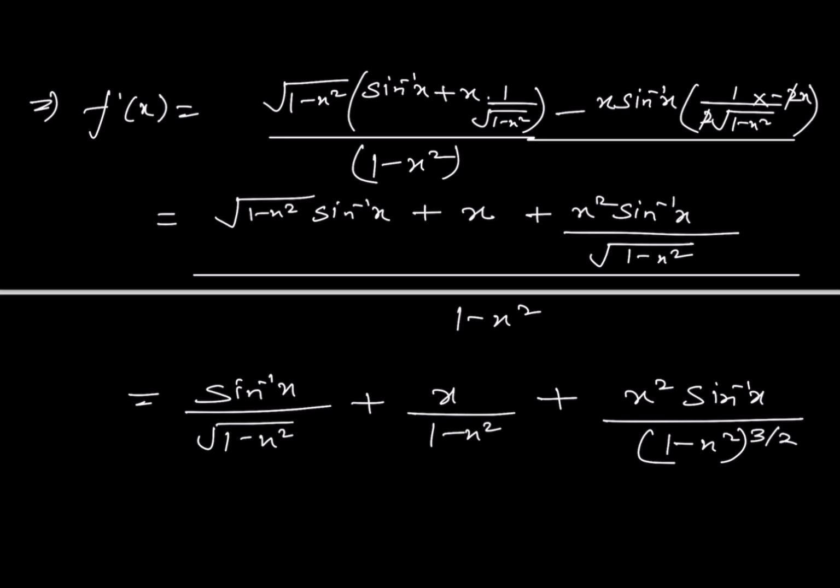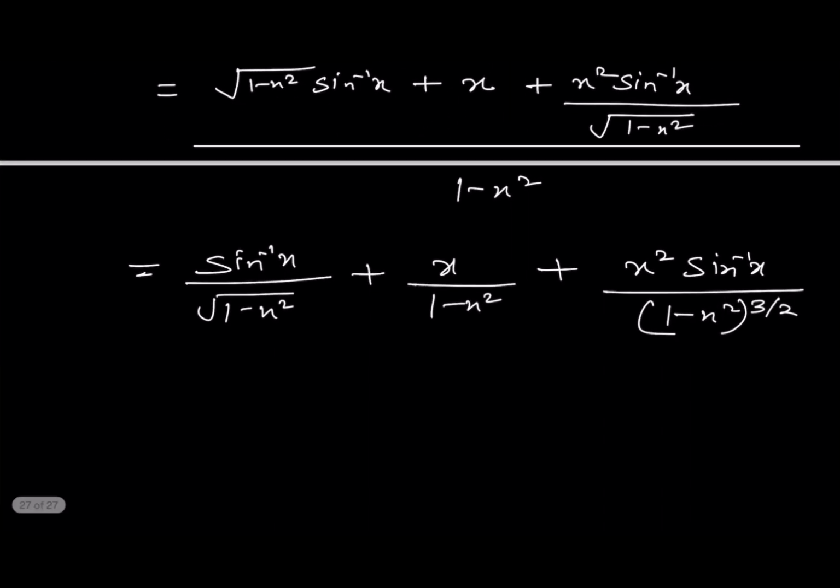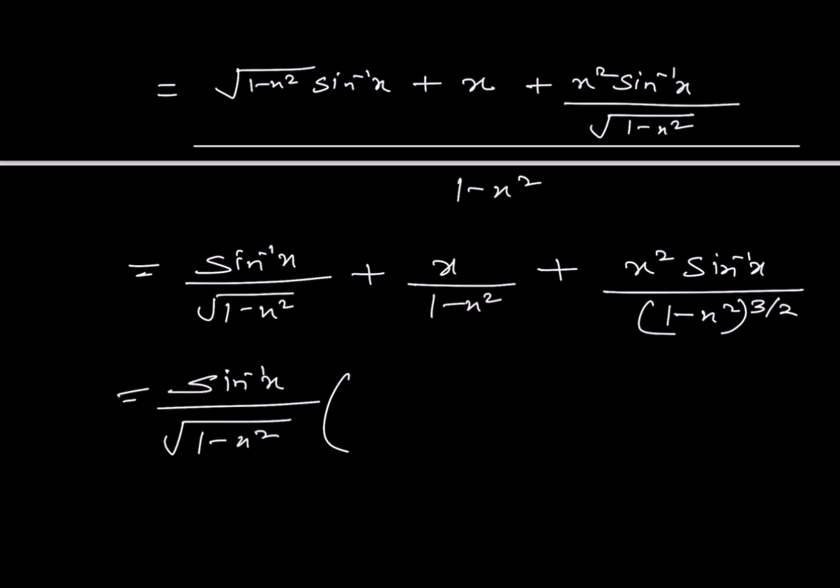Or if I combine the sine inverse x terms, it will be sine inverse x upon root over 1 minus x square, and inside 1 plus x square upon 1 minus x square, and outside x upon 1 minus x square as it is.